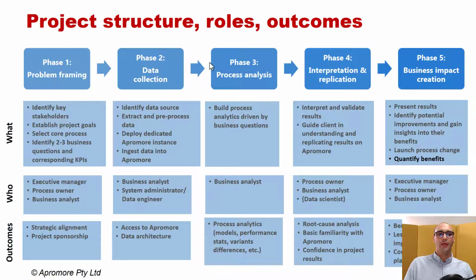In this slide, we gathered the main 5 phases of the project structure, including what kind of tasks you will do there, who is going to be included in every phase, and the outcomes of every phase. The first phase is problem framing, where first you identify the key stakeholders and establish the goals of your project, and then you identify the key outcomes that are the stopping criteria for this project.